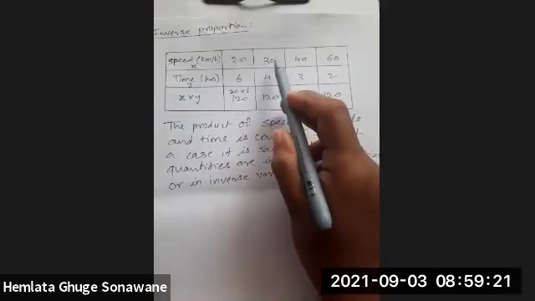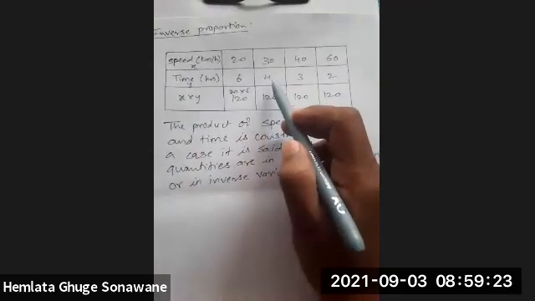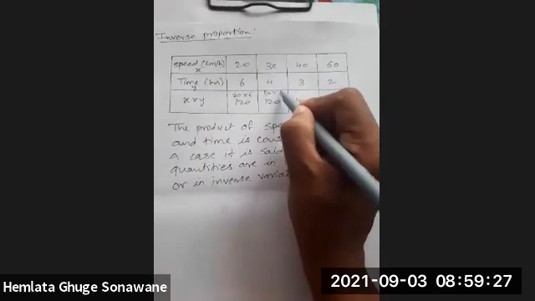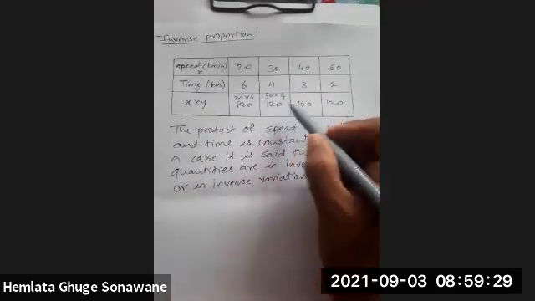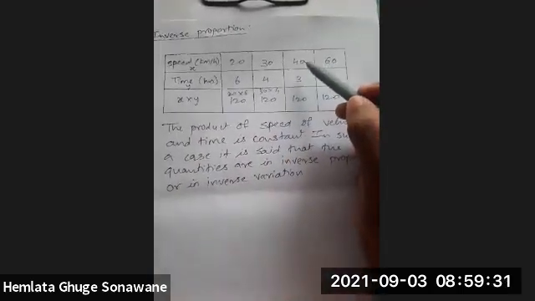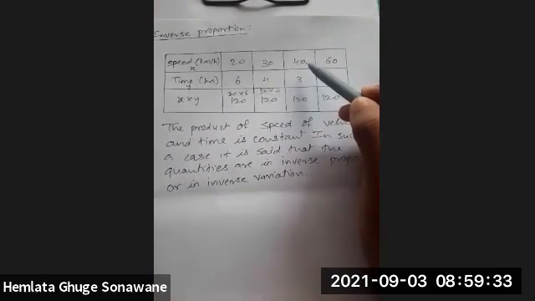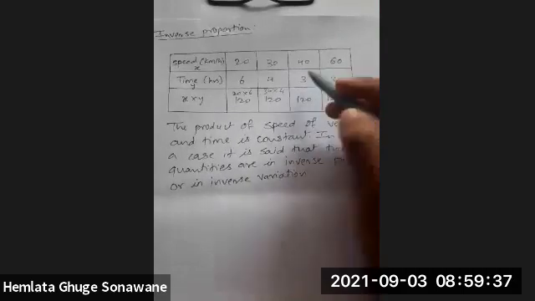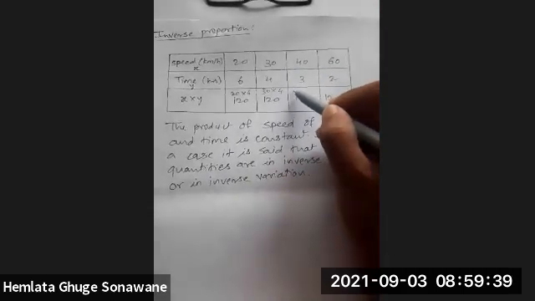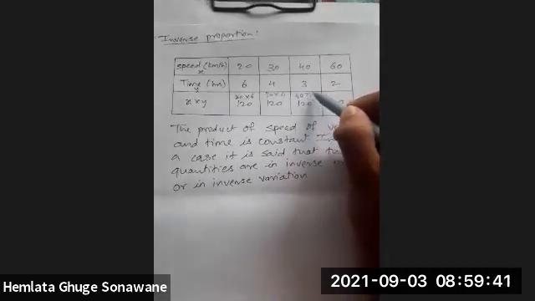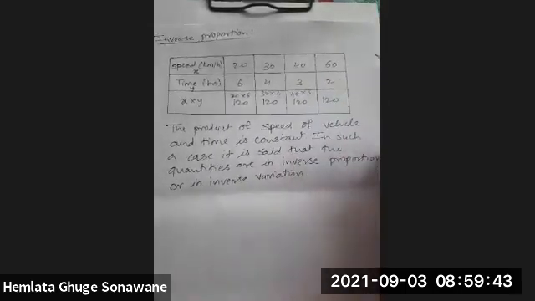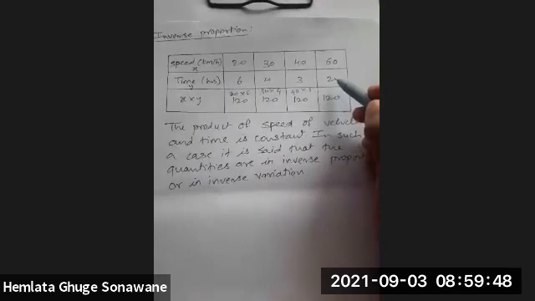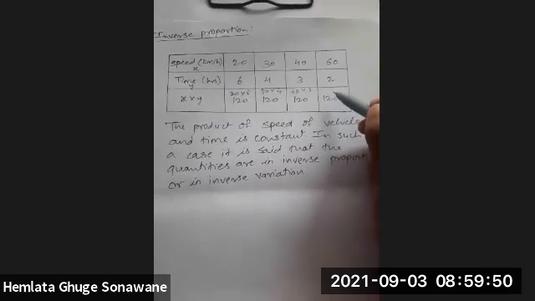Next, speed is 30 kilometers per hour and time required is 4 hours. So that is 30 into 4, it becomes 120. Then speed is 40 kilometers per hour and time required is 3 hours. So this is 40 into 3, that is 120. And speed is 60 kilometers per hour and time required is 2 hours.